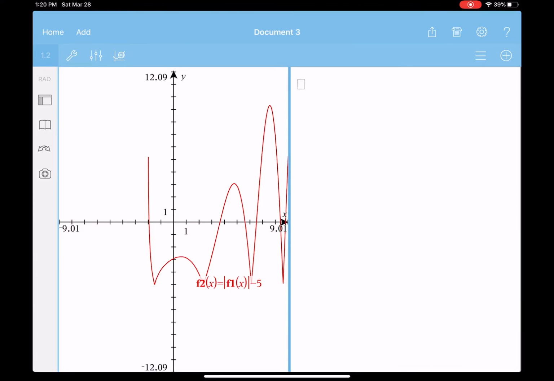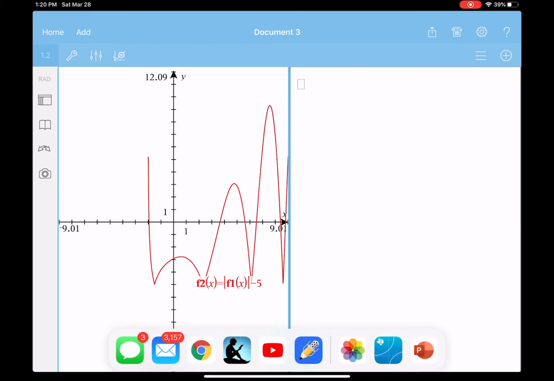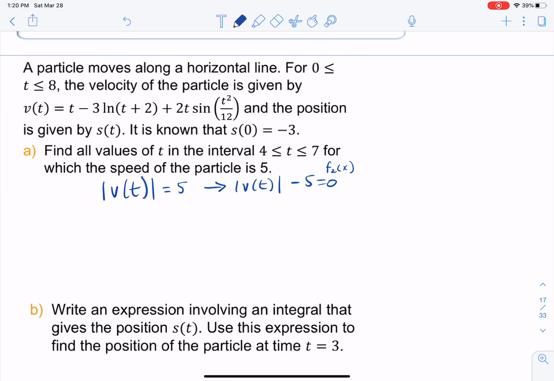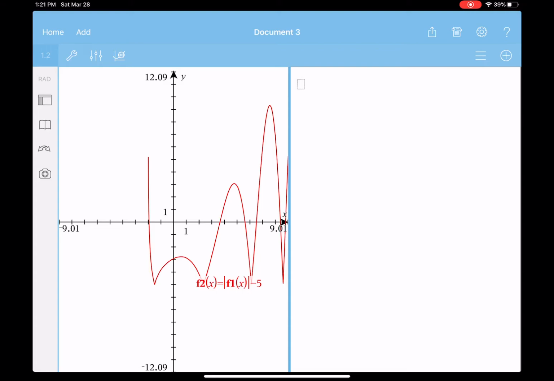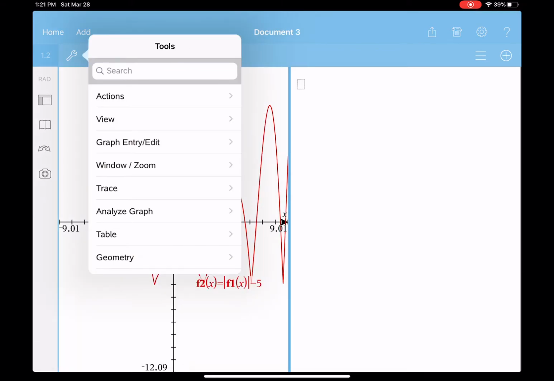So we want all the places where the absolute value is equal to 5, and that is going to be everywhere where this touches the x-axis. And there's quite a few places, but we only want it between 4 and 7. So I'm just going to use the zero function on here. I hit the toolbar, I mean the wrench. Yeah, there we go.